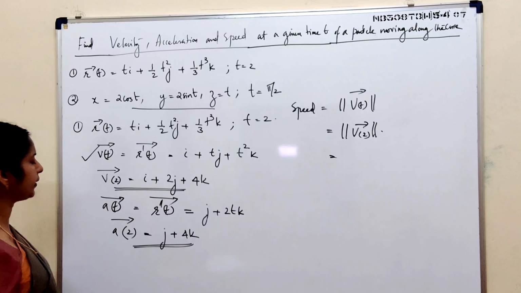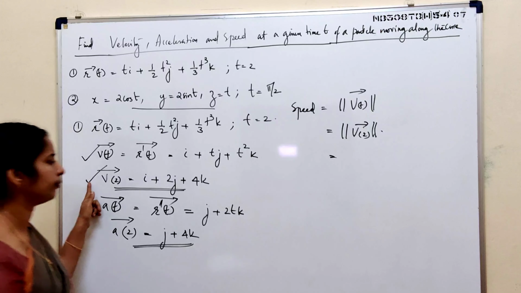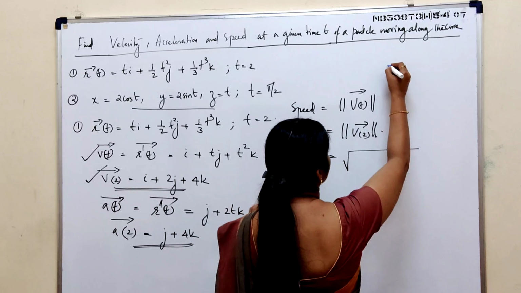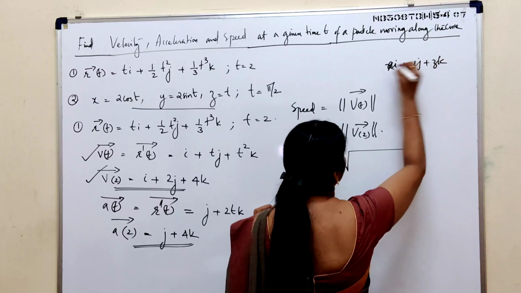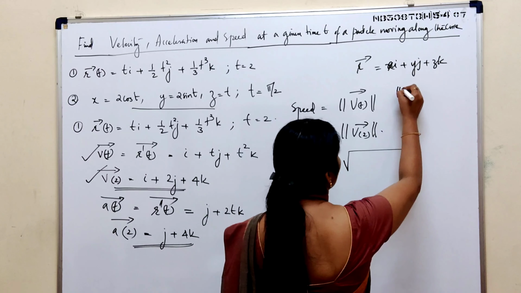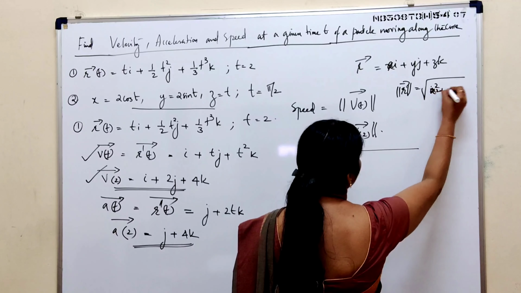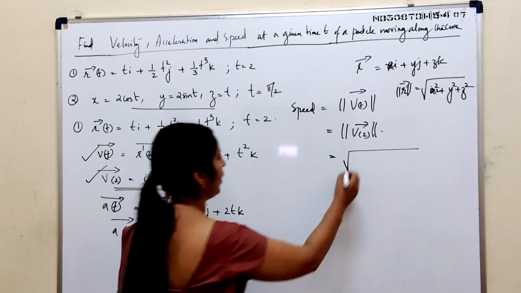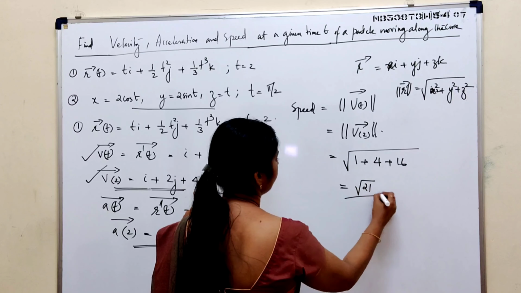What is the modulus or magnitude of v(2)? v(2) is this one and its norm is the square root of, if the vector is xi plus yj plus zk, then its norm is root of x² plus y² plus z². So its modulus is root of 1 plus 4 plus 16, that is root 21.